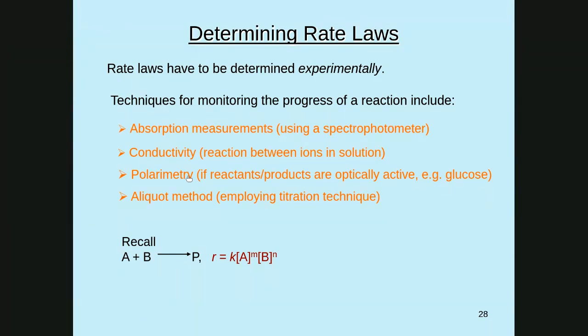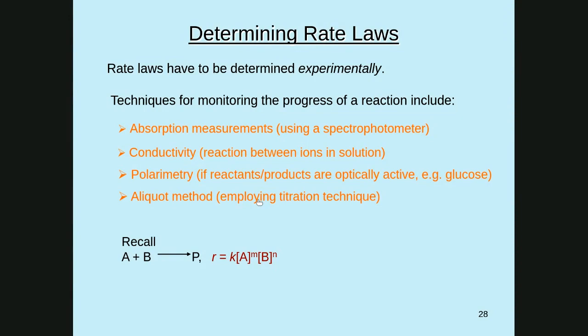A fourth method that is listed here is called the aliquot method. If there had been a lab this week, that is the one you would have been practicing in the lab. This time you're only going to process some model data. I will say something more about that method later on, because it's topical, with the kinetics experiment being on this week.